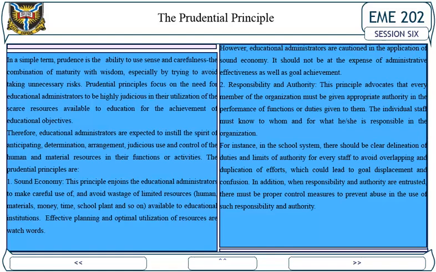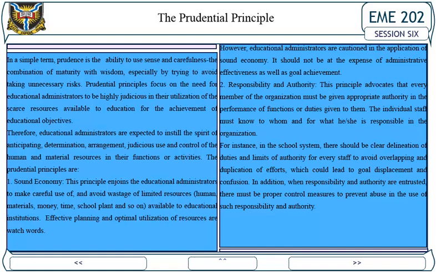Therefore, educational administrators are expected to instill the spirit of anticipation, determination, and arrangement, judicious use, and control of the human and material resources in their functions or activities.